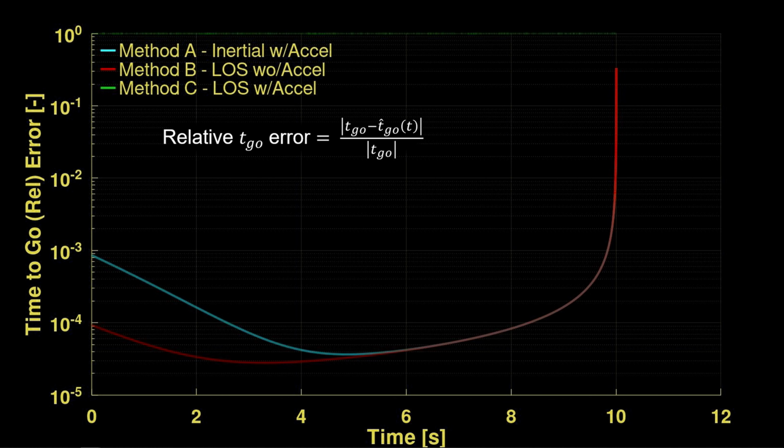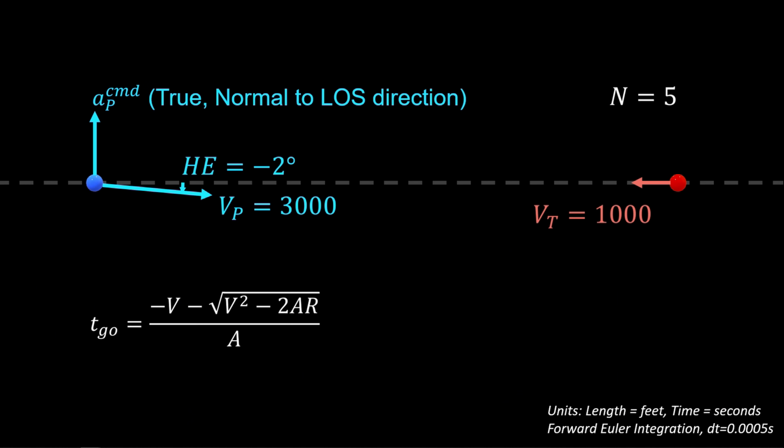Finally, you may have noticed method C at 1 at the top of the plot having 100% error. Recall that method C has relative acceleration along the line of sight in the denominator. Since true proportional navigation commands acceleration normal to the line of sight, and the target does not accelerate, there is no relative acceleration in the line of sight direction.